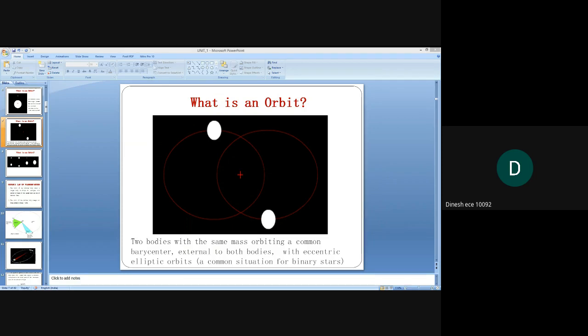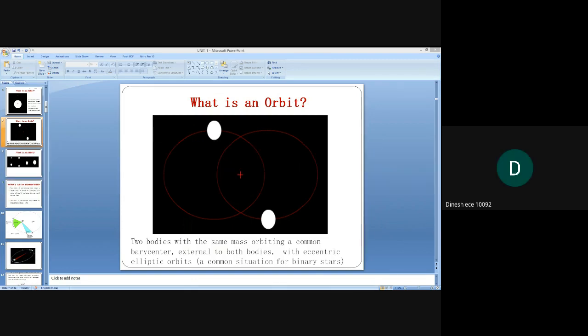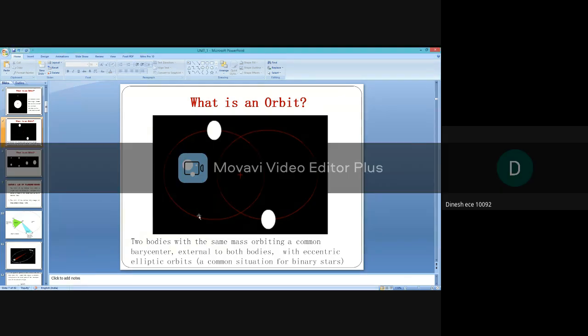So two bodies with the same mass orbit a common barycenter, and the barycenter is external to both the bodies. The first one which I showed is internal orbiting. Now this shows external orbiting, with eccentricity, elliptic orbits, which is a common situation for binary stars.